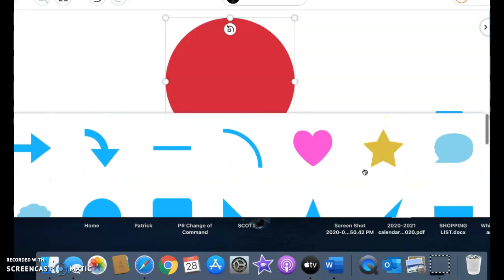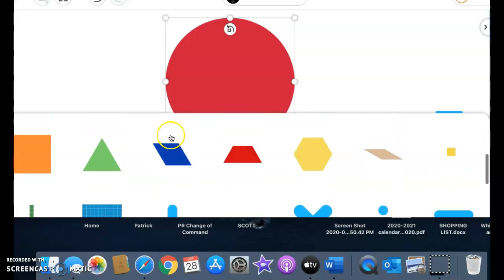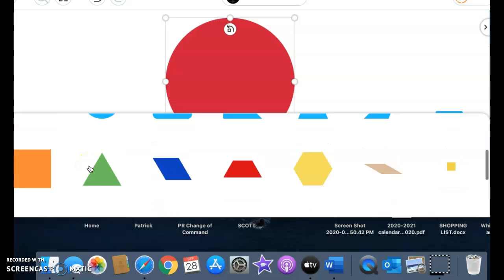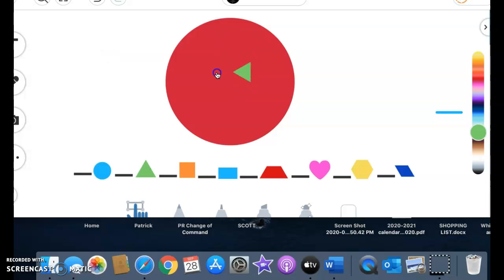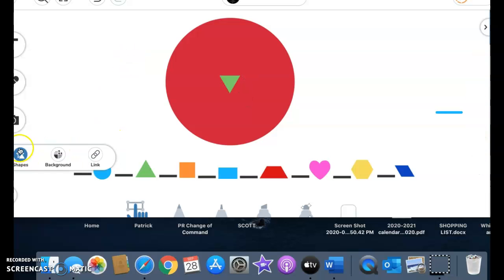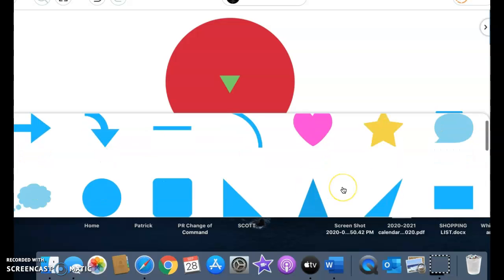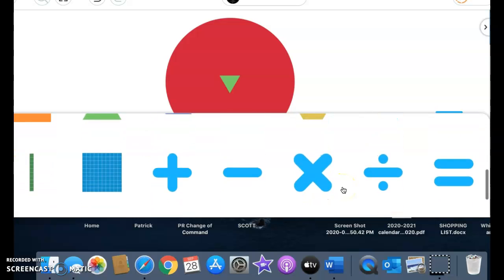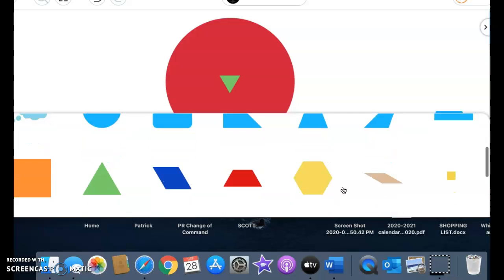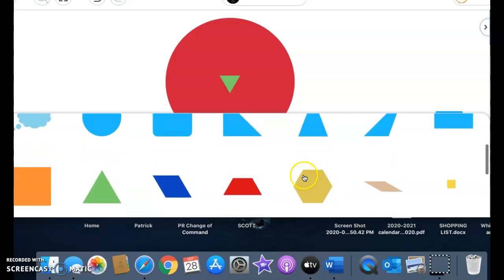What are you going to make with your shapes? What shape shall I make his eyes? His nose is a triangle. Maybe a hexagon.